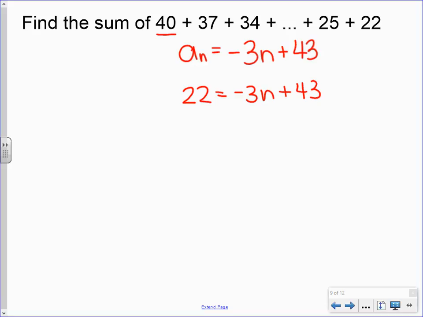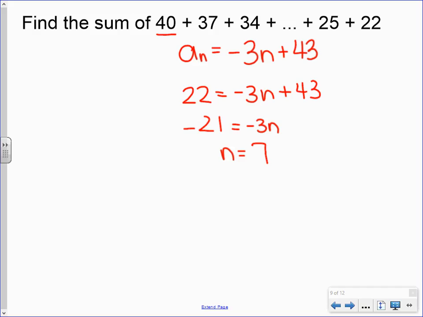So 22 minus 43 would be negative 21. So n is 7. Okay, so that is telling us how many terms we have.